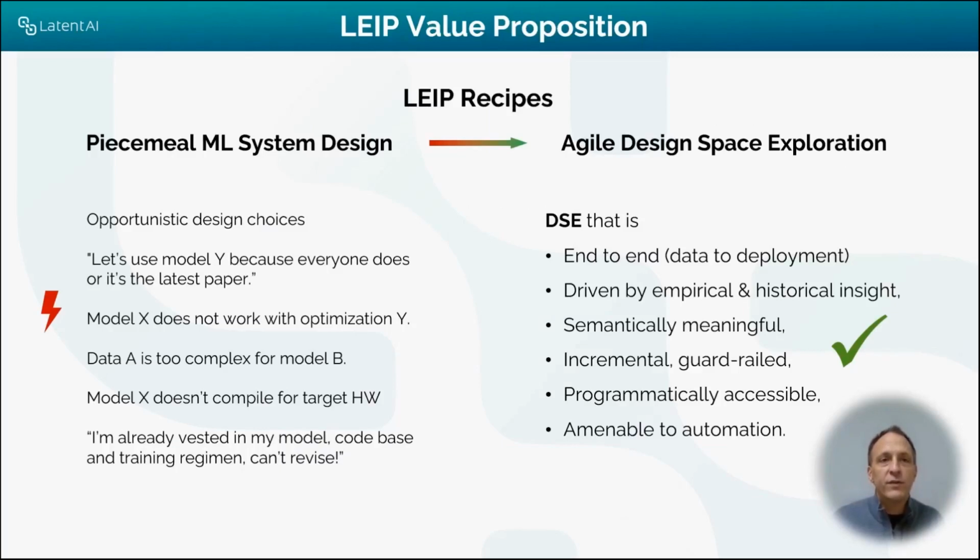LEIP recipes transform a piecemeal ML design into an agile design space exploration process. Instead of having to make opportunistic design choices, you can focus on modeling and exploring what is important to you. Instead of saying, "Hey, let's use this or that model because everyone does it, or it's the latest academic paper," you can confidently say, "Let's use this model because it fits our design requirements best, and we can replace it effortlessly once newer technology becomes available."